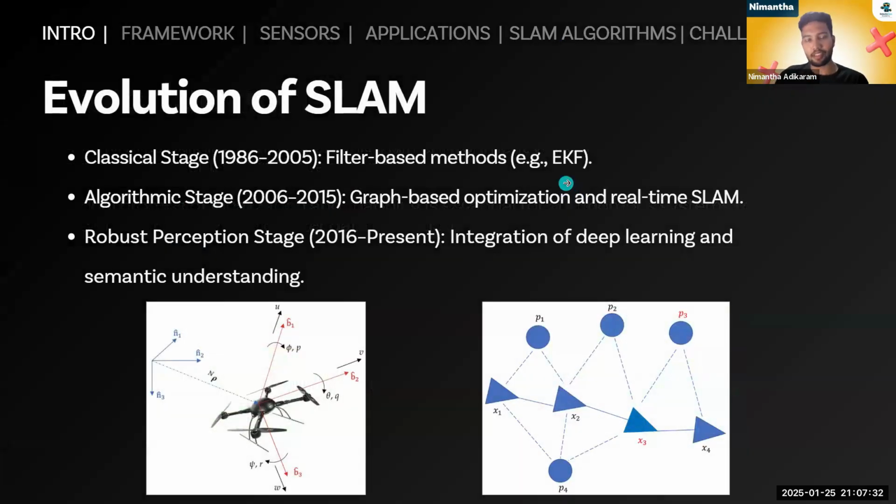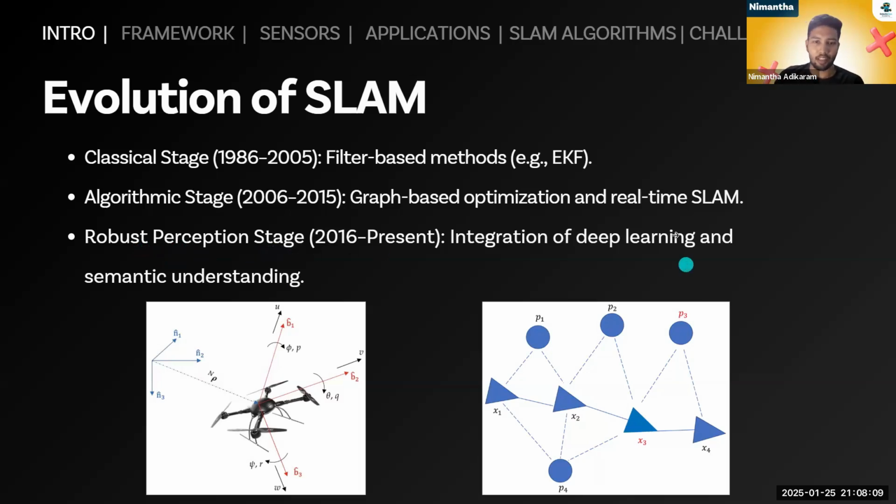So how was the evolution of SLAM? It started in 1986 with the filter-based methods. EKF means extended Kalman filter. After that, we entered the algorithmic stage, which is basically graph-based optimization, where probability comes into play. And after that, we have the perception stage.